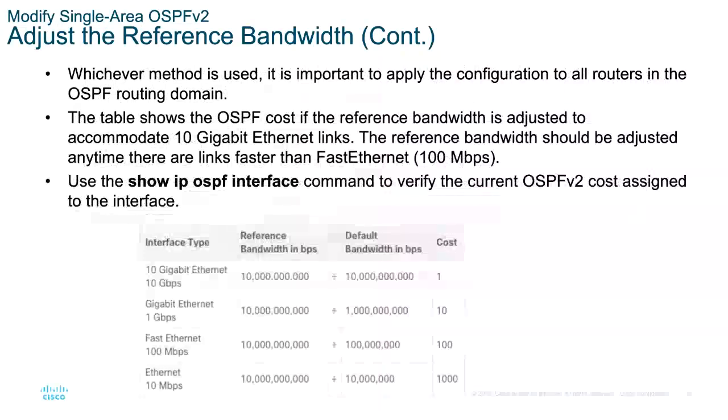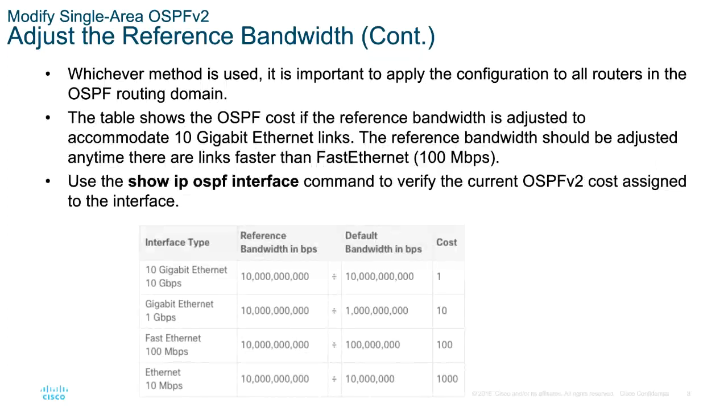So what we end up with, if we've set that new reference point using the 10 gig reference, is a new cost chart, which actually represents the relative cost per interface type throughout the network.